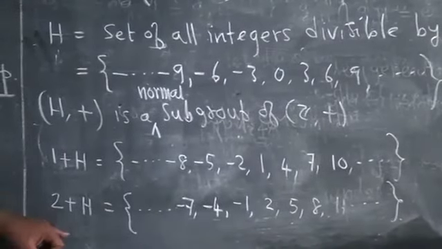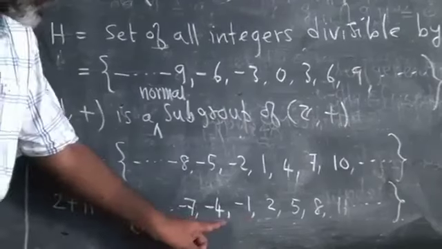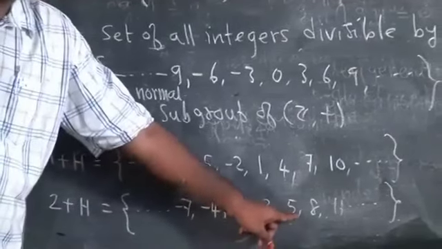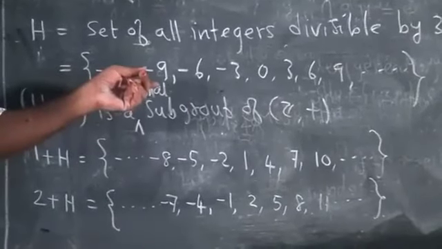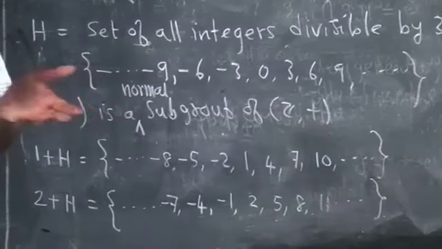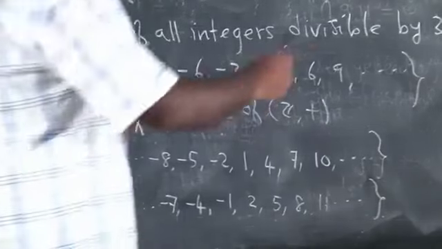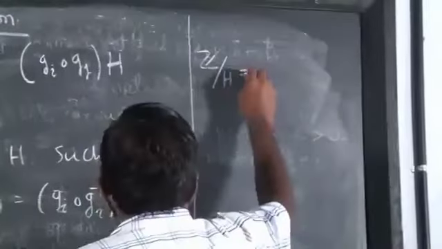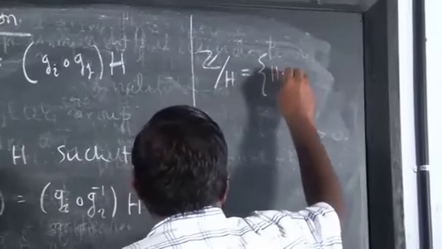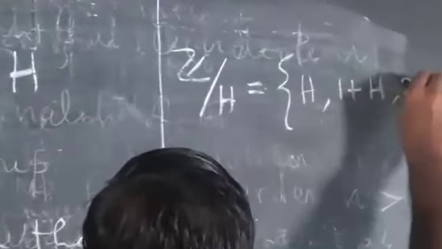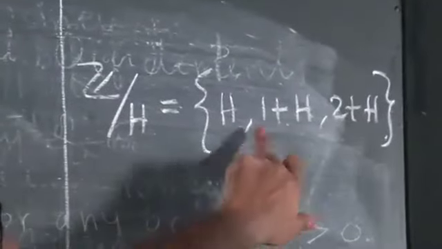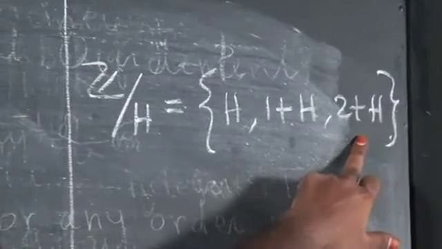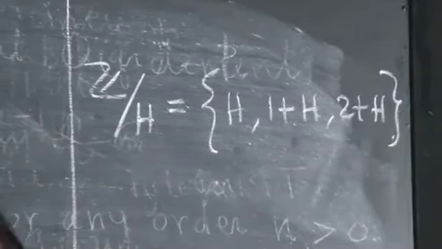What will be 3 plus H? 3 plus H will make this minus 6, minus 3, 0, 3, 6. It is the same as H. Notice that 3 plus H is H. Okay, so I will not get any new coset. Now I can write this Z over H as H, comma, 1 plus H, comma, 2 plus H. The entire integers can be written as H, 1 plus H, 2 plus H. Okay, now this is a 3 element set.